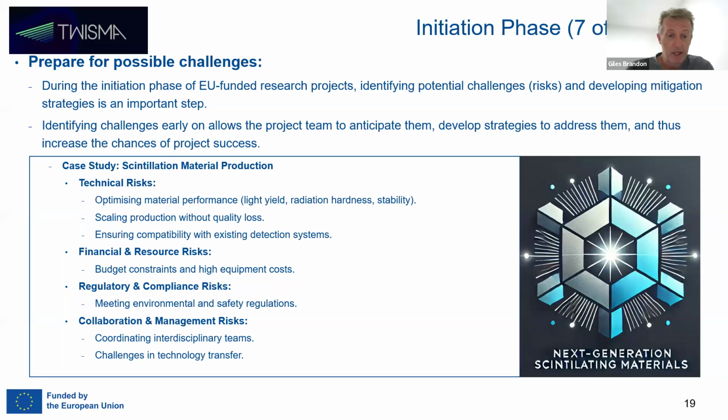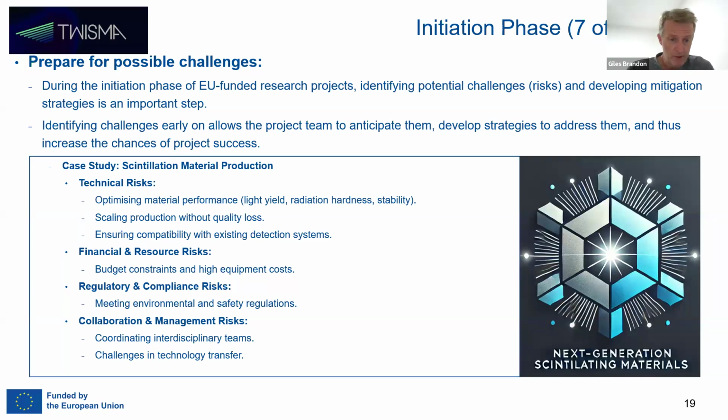Other technical issues, scaling up production without quality loss. This is often very, very challenging. What kind of experience, what kind of know-how can we draw upon to mitigate this problem if it arises? Ensuring compatibility with existing detection systems could also be a technical risk, and we need to figure out ways to address that.